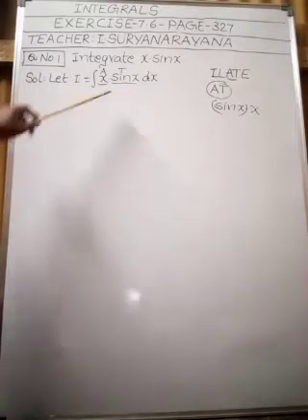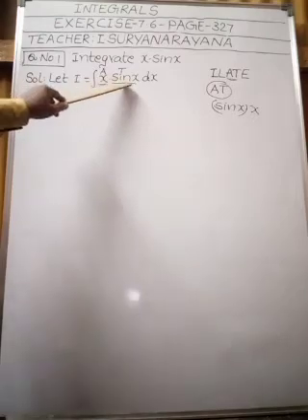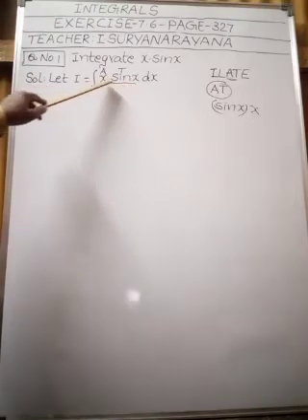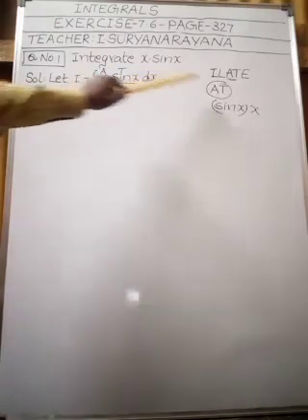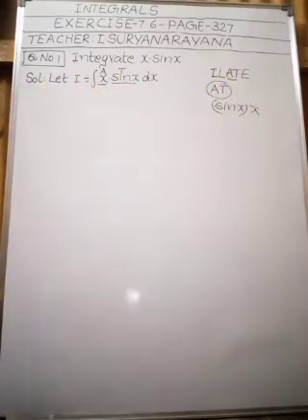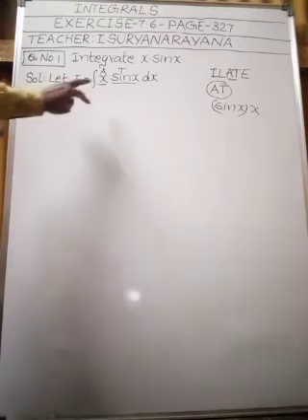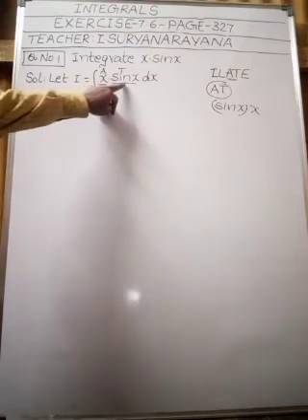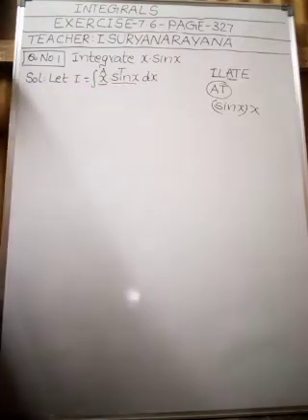Now, this is the first function and this is the second function. These two functions are arranged the same as in this word: algebraic function, after that trigonometric function. Now, in your mind, consider this a first function and this a second function. So, what is the formula?